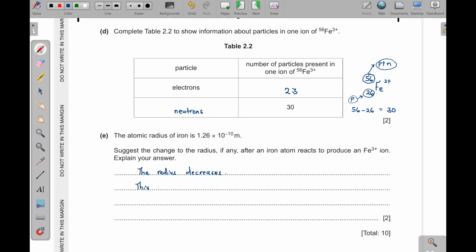This is because an electron shell has been lost. This reduces the shielding effect.